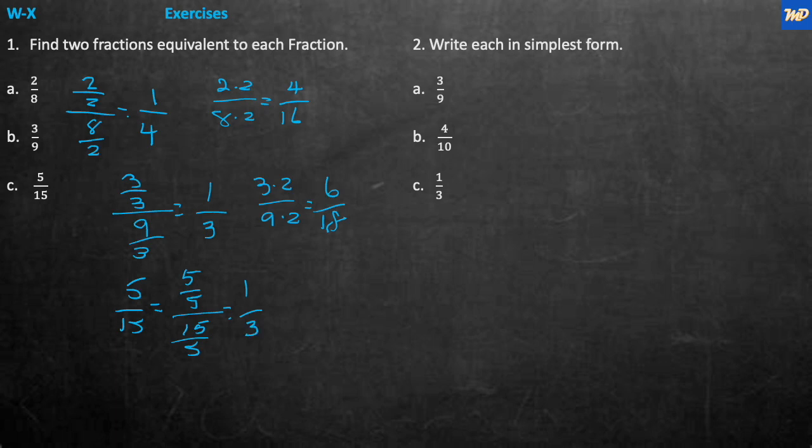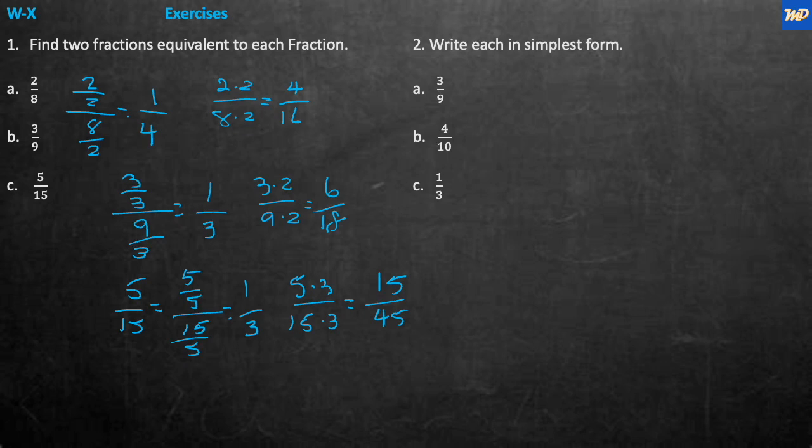Again, a third, same as this one here. And to go the other direction, let's do times 3 this time. So 5 times 3 over 15 times 3, and that equals 15 over 45. So these are all equivalent. 1/3, 1/3, 1/3. These are 1/4 up here.